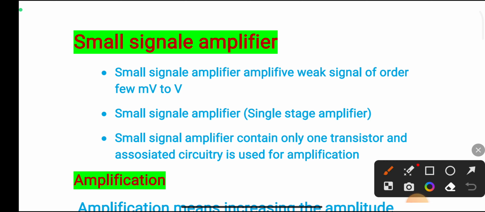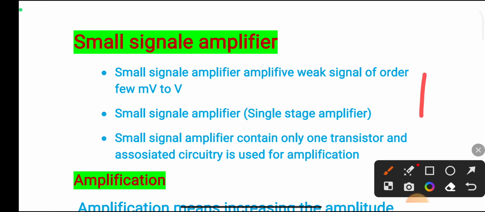It is also called a single stage amplifier because it contains only one transistor in the circuit, and the associated circuitry is called the amplifier circuit.